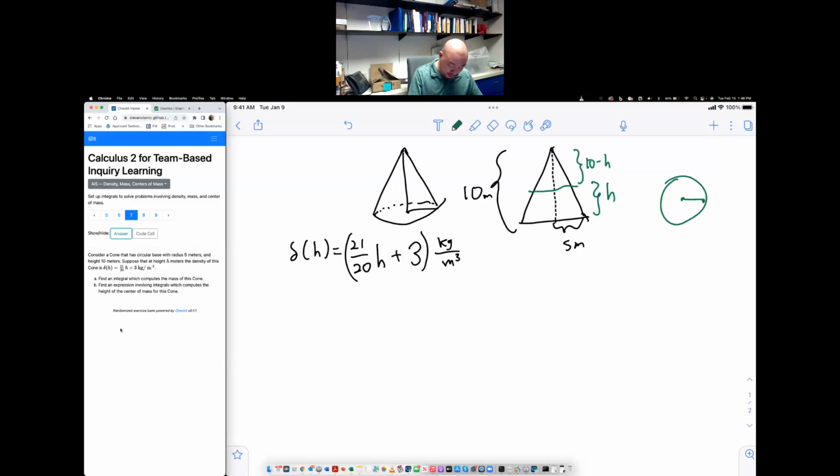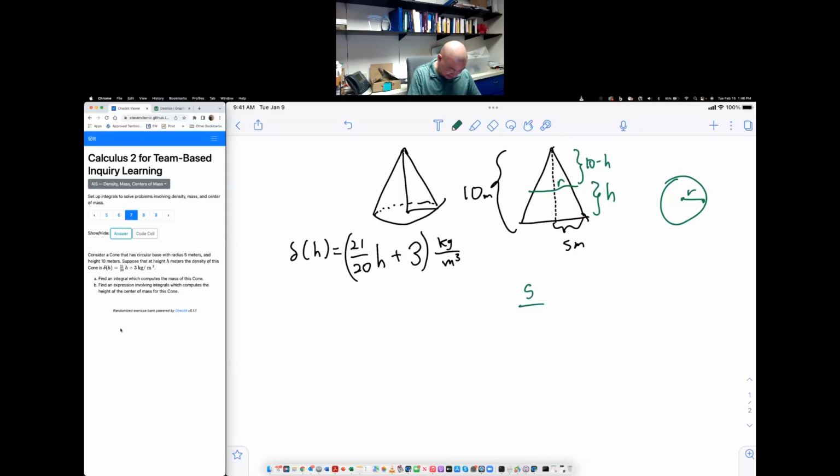What I also know is that this radius, whatever that is, that this triangle and this triangle are similar triangles with the same orientation, and thus we have proportional relationships between our dimensions. So what I know then, for example, is that 5 over 10 is the same as r over 10 minus h.